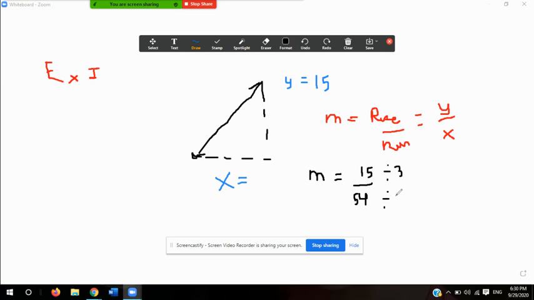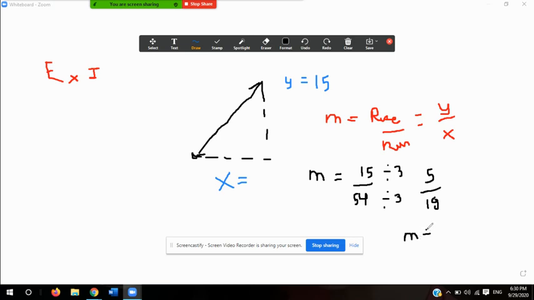That means 15 divided by 3 is 5, and 54 divided by 3 is 18. So our m, or our rise over run, or our slope, equals 5 over 18. And that is pretty much how we work with this.